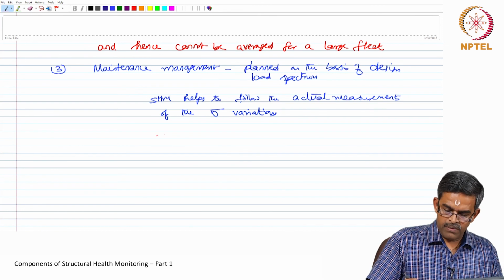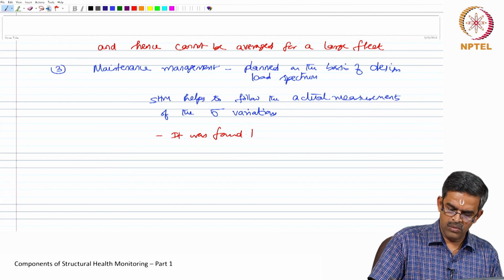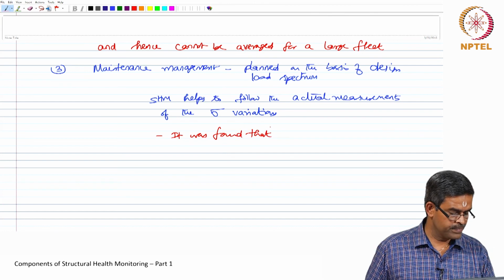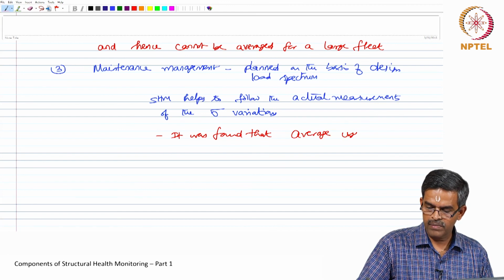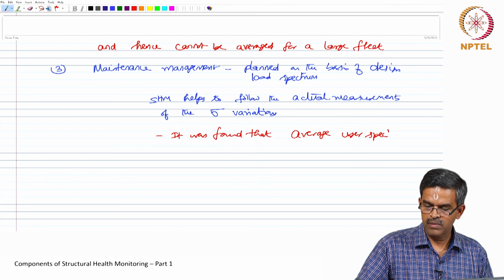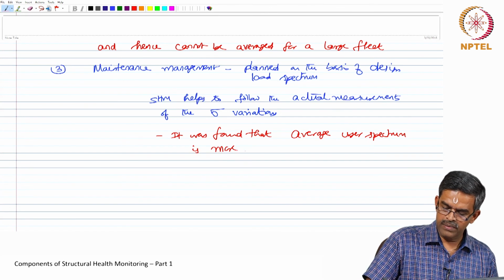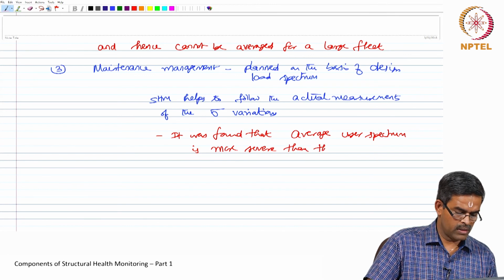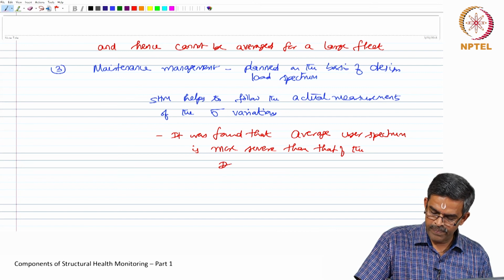Based on the fact, it was found that average user spectrum is more severe than that of the design spectrum.